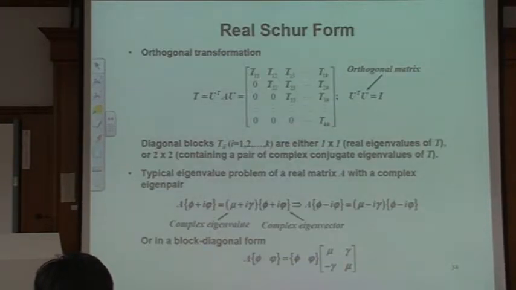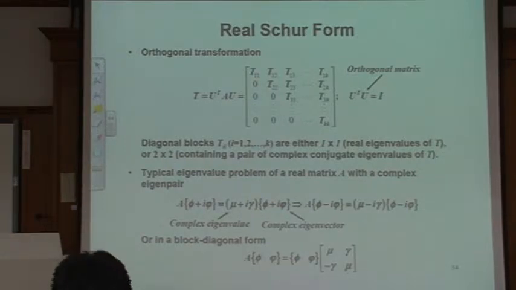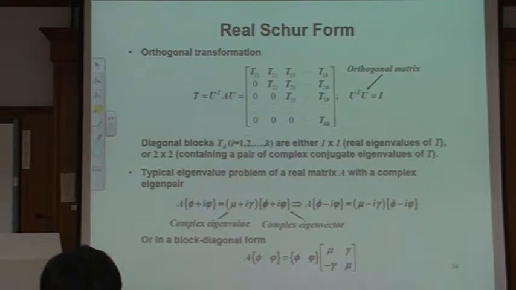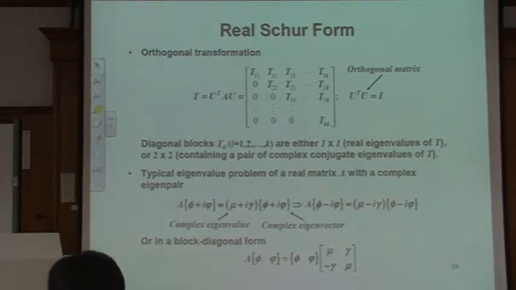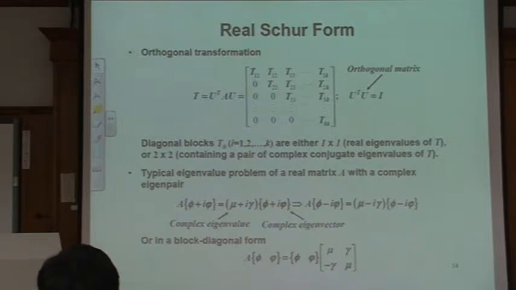Okay. Here we talk about the real Schur form. Remember we already talked about the defective matrix. We cannot completely diagonalize that kind of matrix. And I already showed the best thing we can do is try to transform the original defective matrix to an upper triangular matrix. Here is the case.